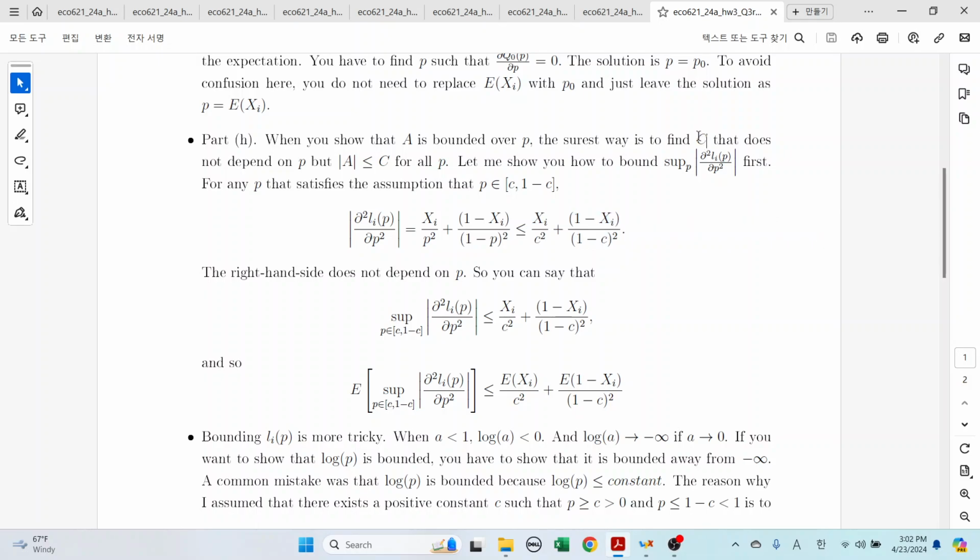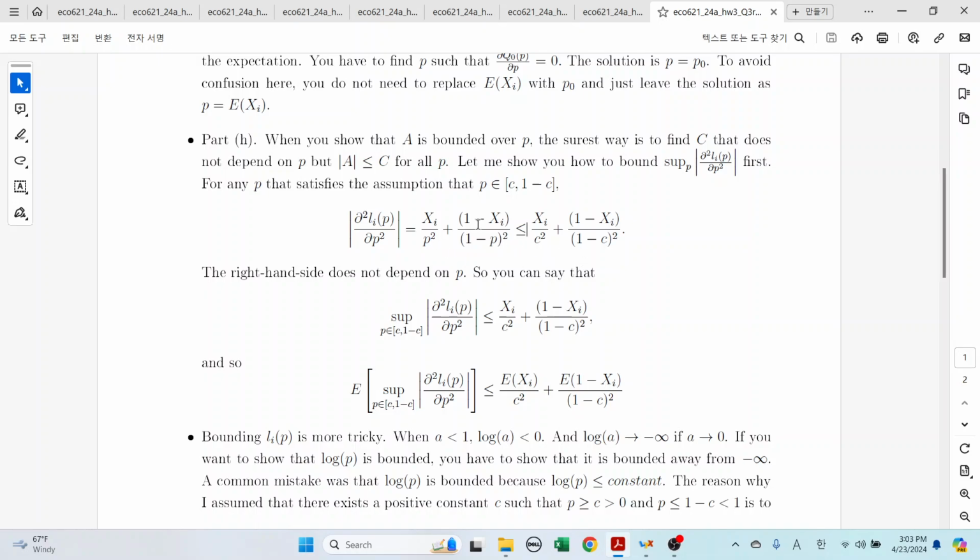Exactly, this is this C here. However, it is still random because X is random. So you can understand it like this. X is random. So for any realization of X, you are going to bound that by this, right? This inequality holds for any value of X, for any value of P, right?